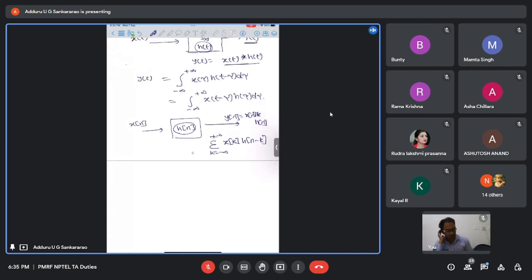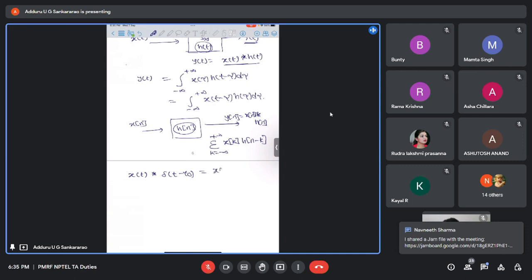Now, the convolution property of impulse response, I think we defined earlier in previous classes. That is x of t convolved with del of t minus t naught is x of t minus t naught. Later you can try this in the convolution definition.